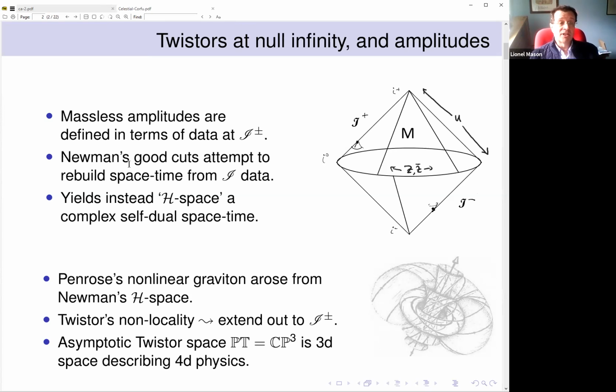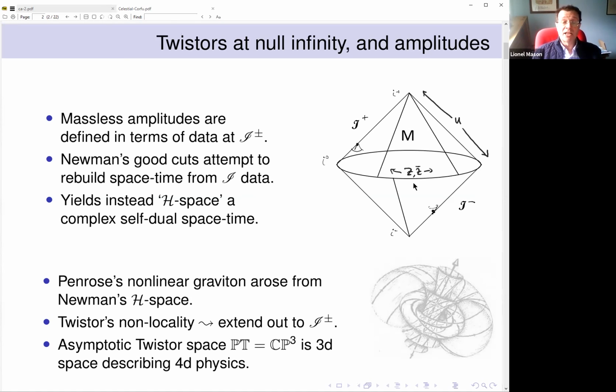In particular, Ted Newman had a program to try to reconstruct space-time in terms of the cuts of null infinity. So you imagine there's a light cone in the interior space-time, heads out to null infinity and cuts null infinity in some 2-surface. He didn't get the original space-time, he got H space, which is a complex self-dual space-time.